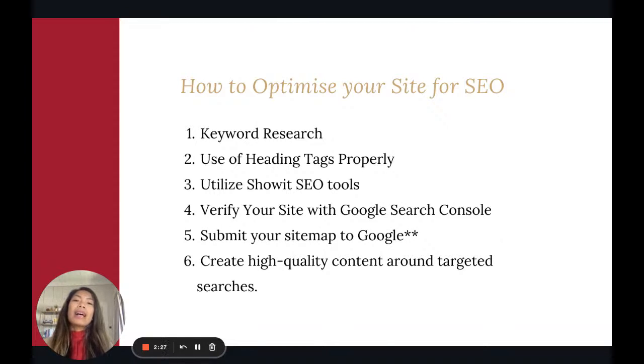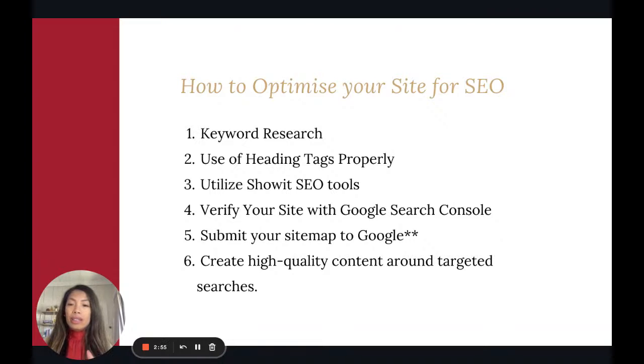So let's move on to what I'm going to be talking about on optimizing your SEO. The first one is keyword research, so we're going to delve into that. The second one is use of headings. The third one is utilize the technical SEO settings in your website builder, and in this case, I'm going to be showing you the Showit back end.